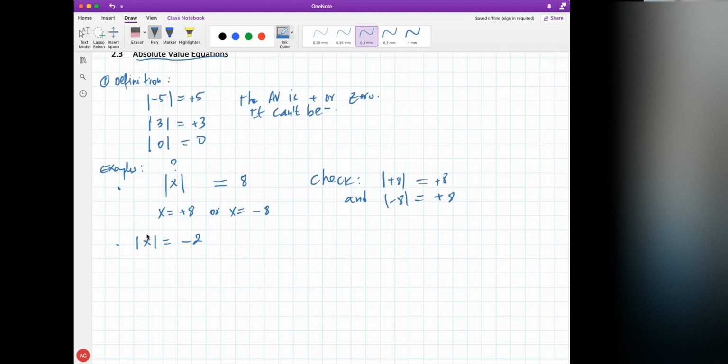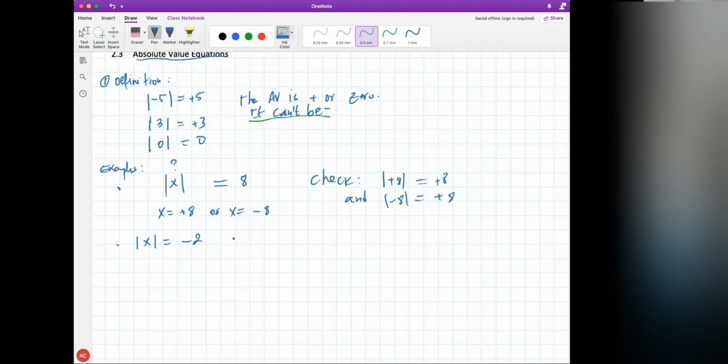So why not? Why -2? As we said, the absolute value cannot be negative. The absolute value of something can't be negative. It could be positive, it could be 0. So there is no number that you can plug here. There's no x that you can plug and get a negative number. This is basically a contradiction. There is no solution, basically. There's no x, there's no solution to this.